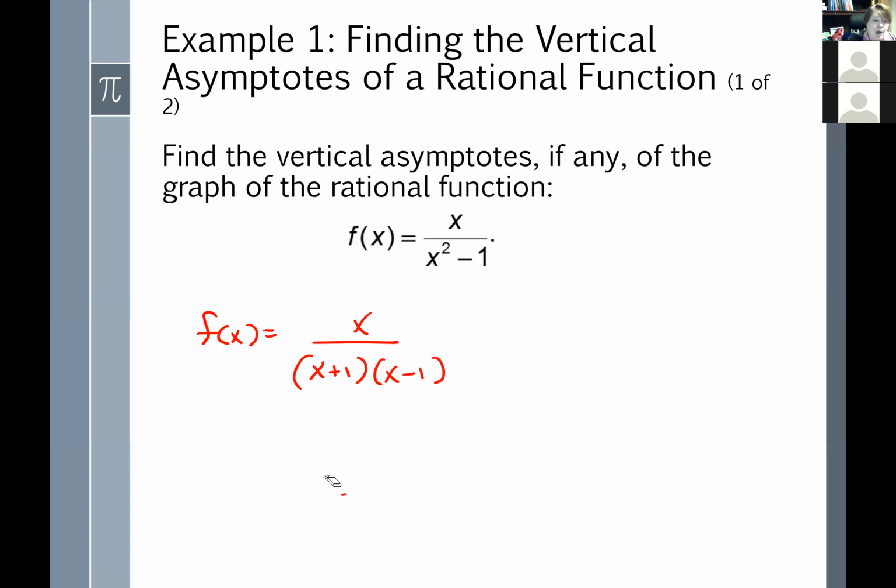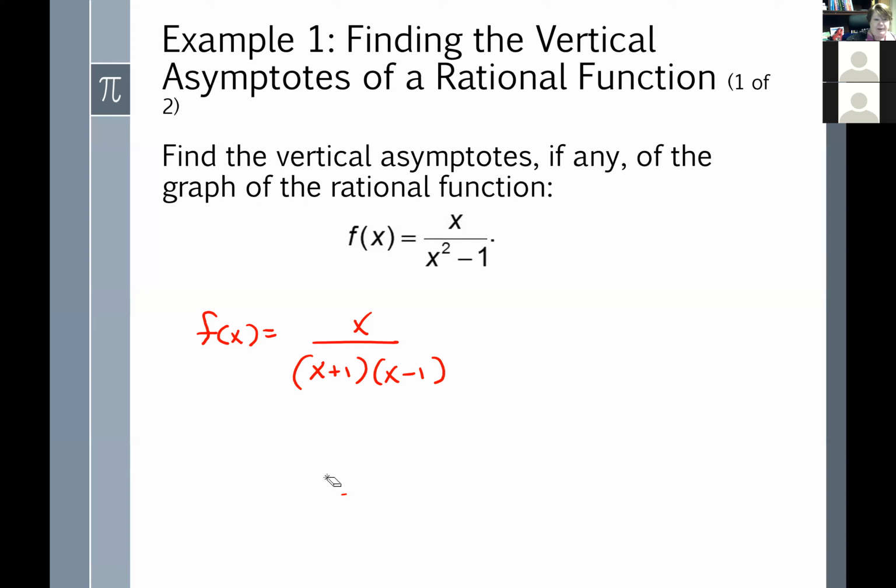And the answer is no. In the numerator, the factor is x. In the denominator, I have two factors, x plus 1 and x minus 1. Nothing cancels. You cannot cancel an x, because there is no x factor in the denominator. So that is in reduced form.